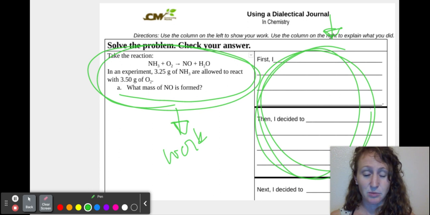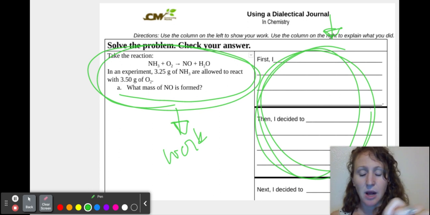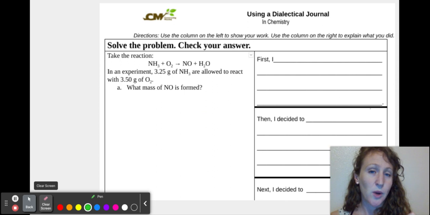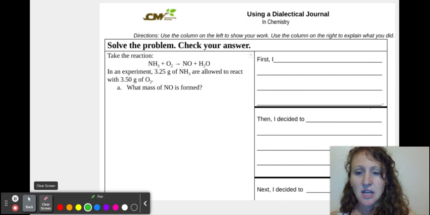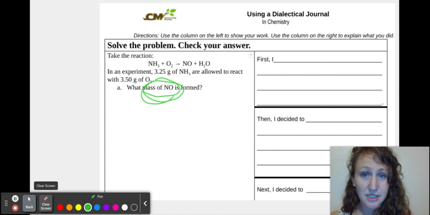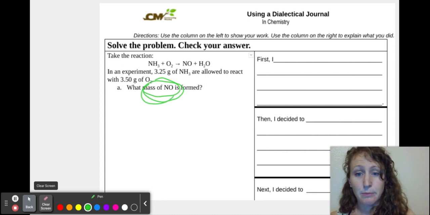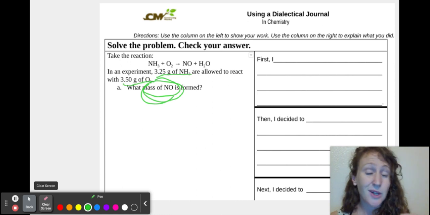a limiting reactant problem. Now, what you're going to see on this problem is that there's a couple questions that are asked. First of all, one of the questions you're asked is about how much product you can make. But in this problem, we're given two different amounts of reactants, and we don't know which one runs out first. So really embedded in this question, there's two different things we have to find.